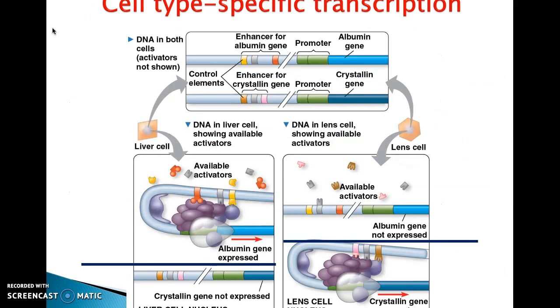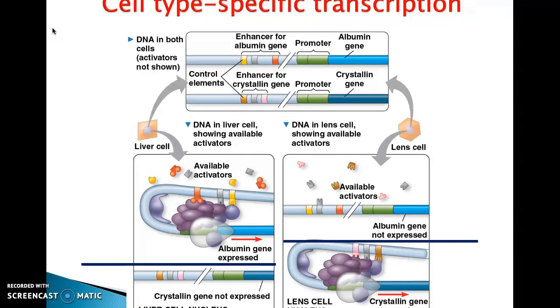This diagram compares DNA strands that are in different types of cells. So on the left, we have a liver cell or a hepatocyte cell, and the liver is responsible for detoxifying. One type of protein that liver makes is a type of blood protein known as albumin.